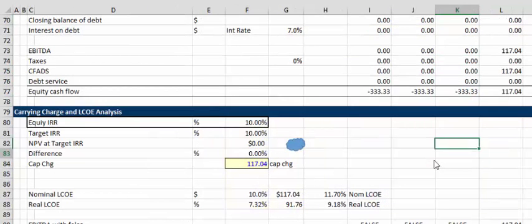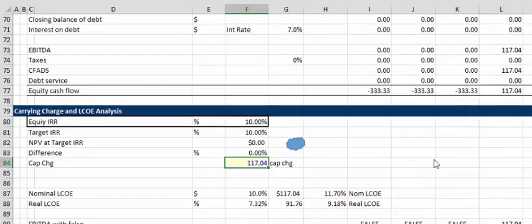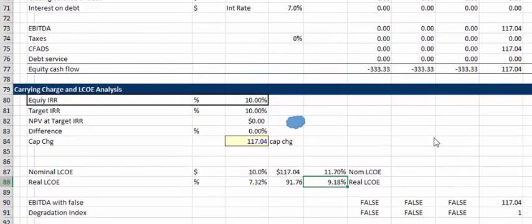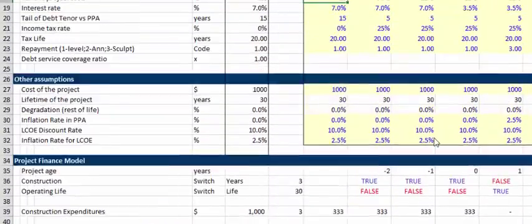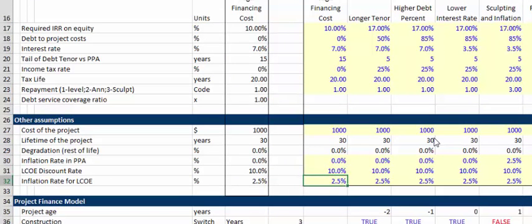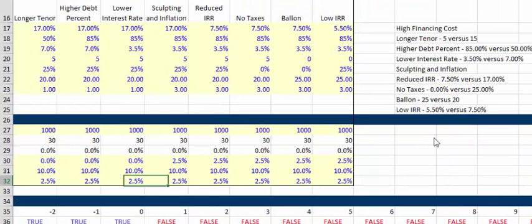Okay, so in that case, the flat nominal LCOE would be equal to the first year rate. Now we can also measure this in a real rate, where we discount and take inflation out of the levelized cost of electricity, which I put down here. Okay, so we can get that.